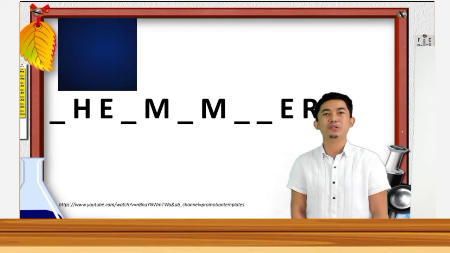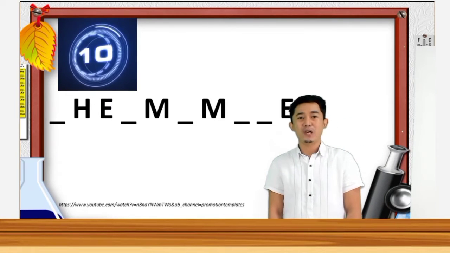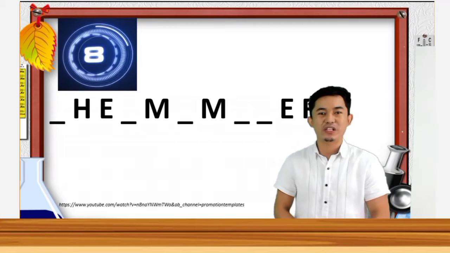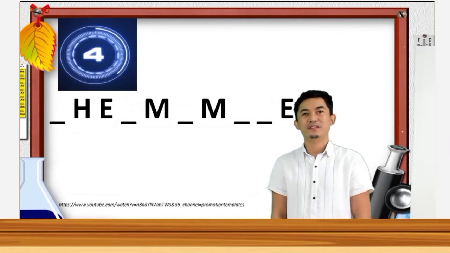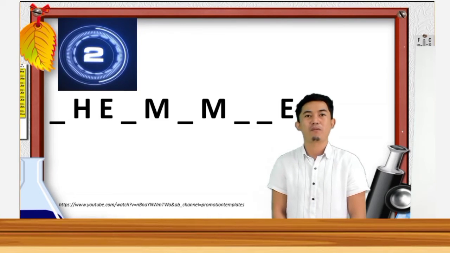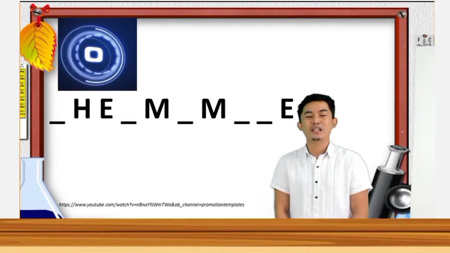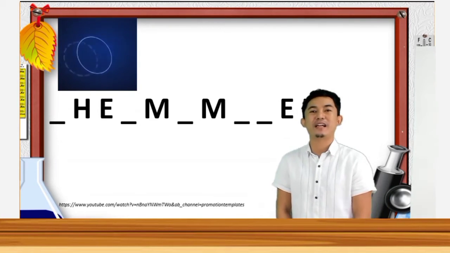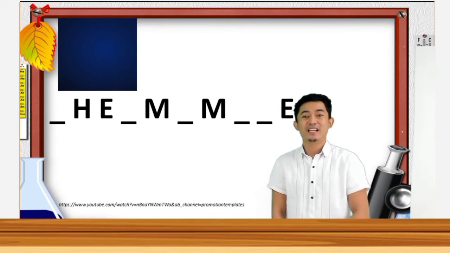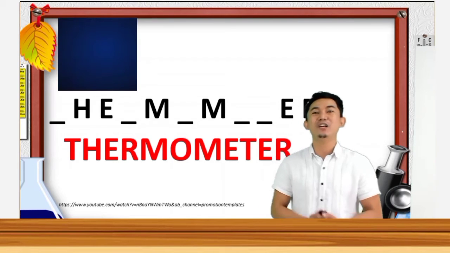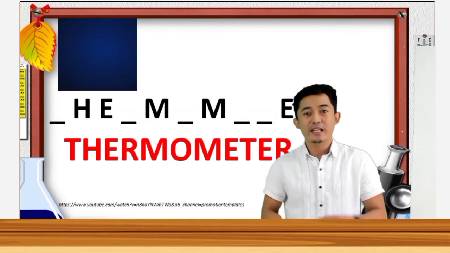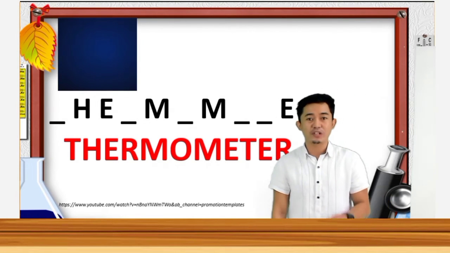Okay, last word for you, class. Go, type your answer now in the comment section. One, zero, time's up. The correct answer is thermometer. Correct. Now, class, I know you are familiar with those words that I showed you on this slide.